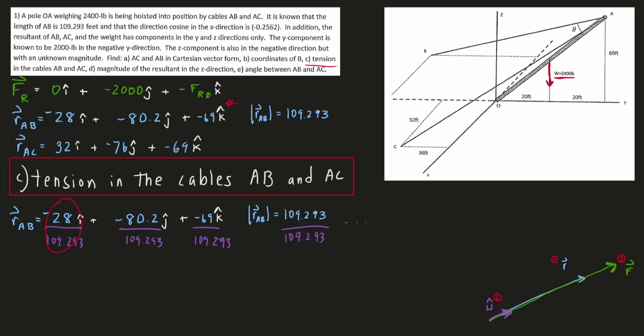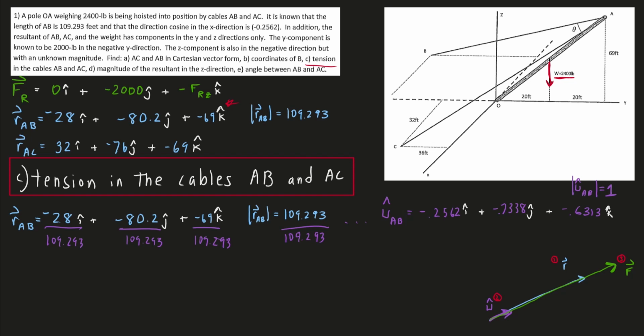So here's me dividing each component of our position vector by its own magnitude, including the magnitude itself by its own magnitude. So our new vector will be a vector in the direction of AB. Its length will be 1, meaning it's a unit vector, but of course it'll still have components x, y, and z, which will be these numbers. So I'll just crunch those.